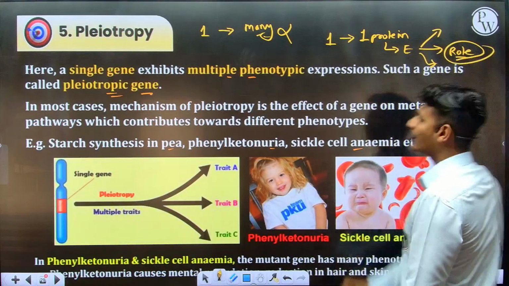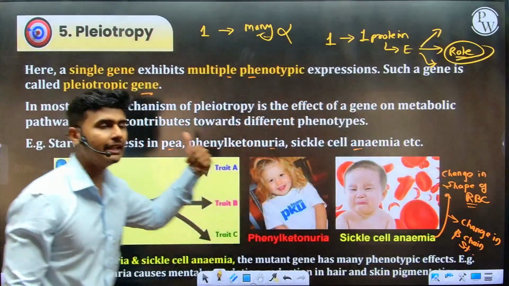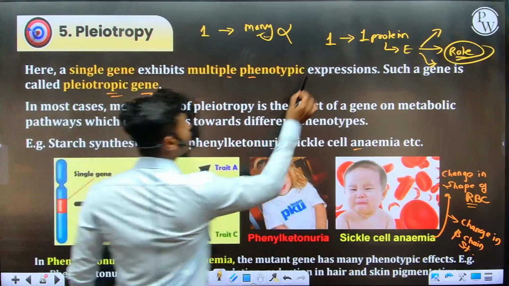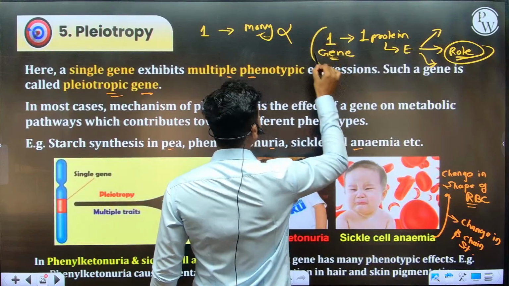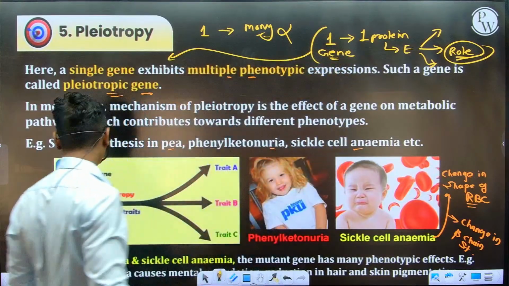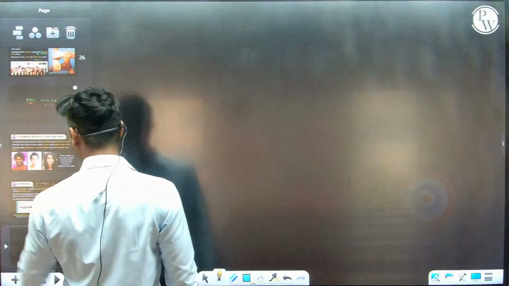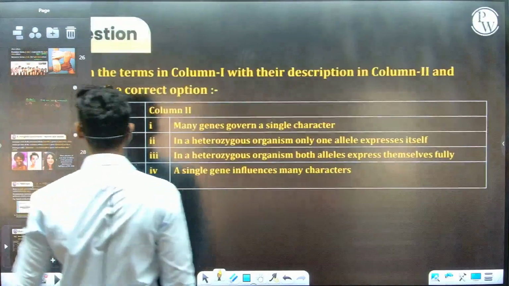Due to these multiple roles, pleiotropy takes place. So the gene which produces one protein, one enzyme, is known as the pleiotropic gene. So we don't need this slide now. Let's delete this and go forward.